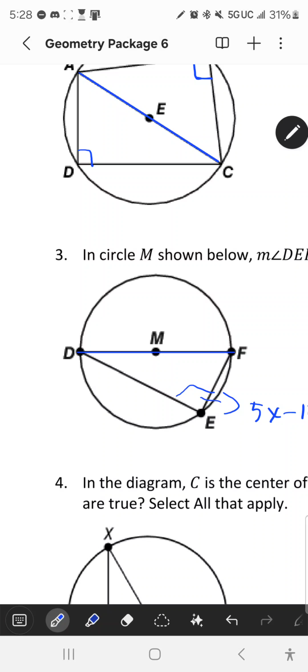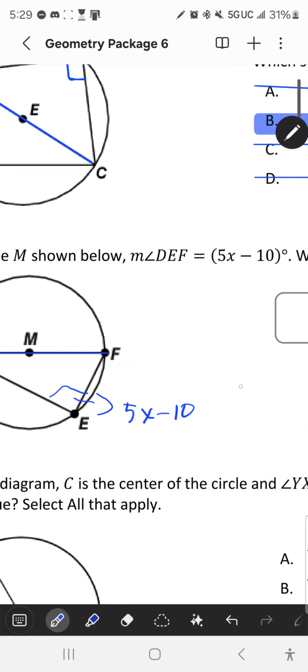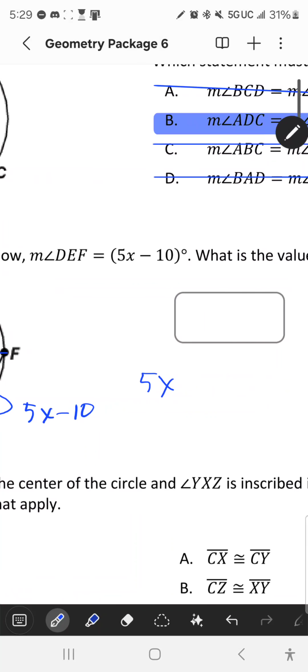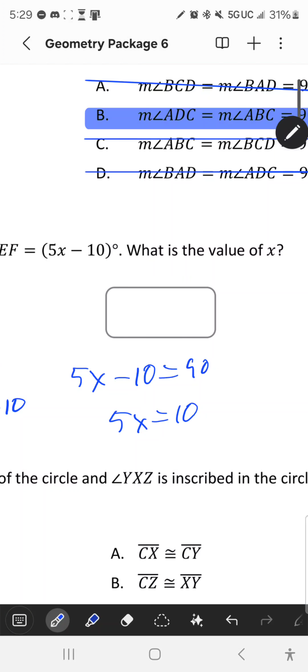This is the opposite side, so this must be 90. So if 5x minus 10 equals 90, I add 10 on both sides. So 5x equals 100, since 90 plus 10 is 100. Then I divide by 5, and 100 divided by 5 is 20, so x equals 20.